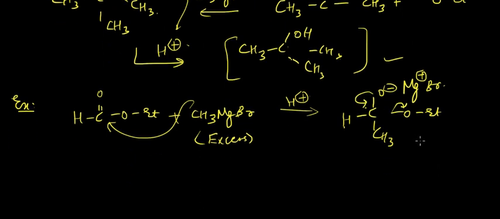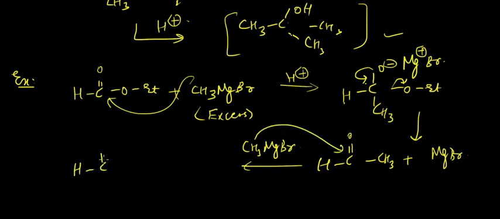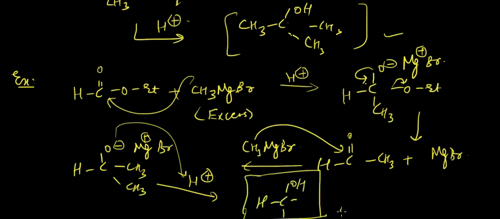This will be again seen as a double bond, and we have CH3 plus we have OEt minus released, so MgBr would be released. As we had CH3MgBr in excess quantity, again it will attack on this carbon atom. We would have again O minus MgBr plus, and we have two CH3 groups attached to it. Using the acidic medium, we would have something like this as our final structure. This would be the final product.